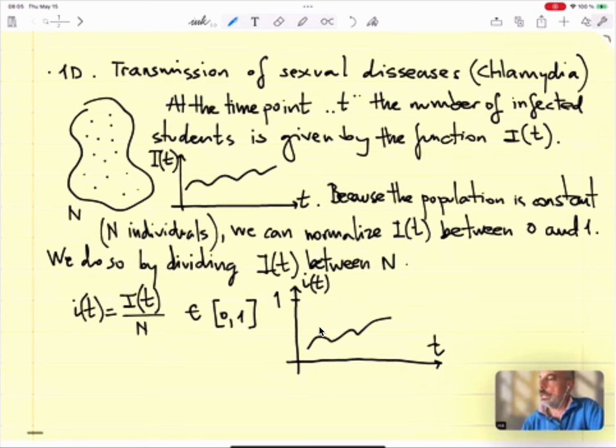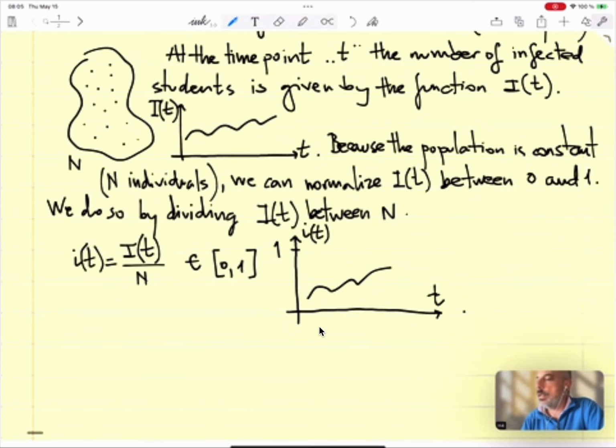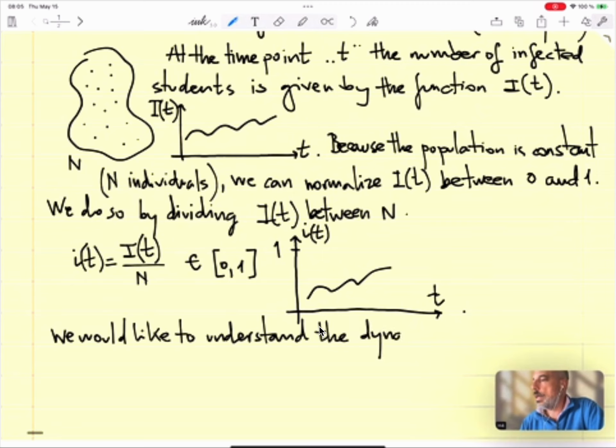So we would like to understand the dynamics of I of t.